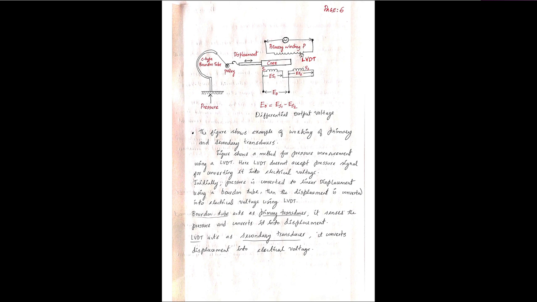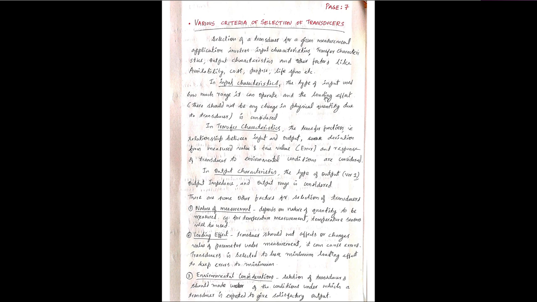The core will be excited based on the displacement changes, and this displacement change is converted into a differential output voltage in the LVDT. So the mechanical displacement input is converted into a desired electrical quantity. That is what this secondary transducer LVDT is doing. Okay, this is the example for primary and secondary transducer.